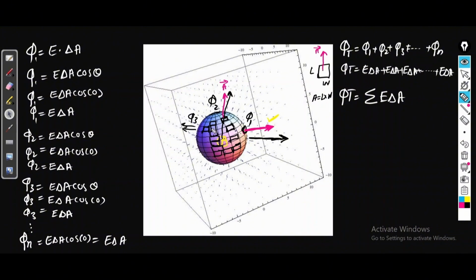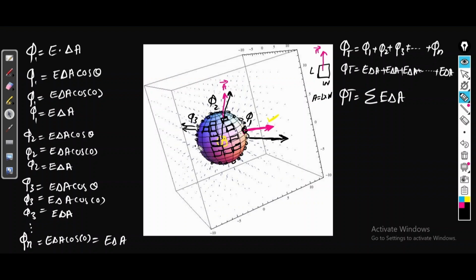So here focus on this. This sphere is at the same distance from the positive charge everywhere. Therefore the number of electric field lines through each point at the same distance from the positive charge is the same.